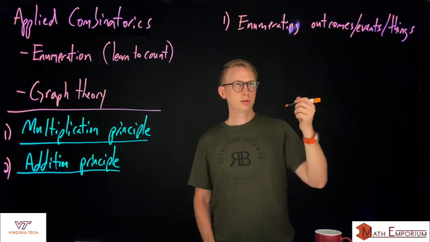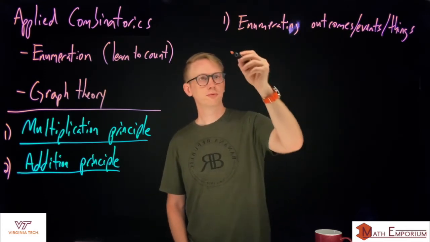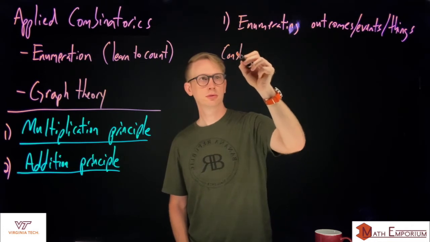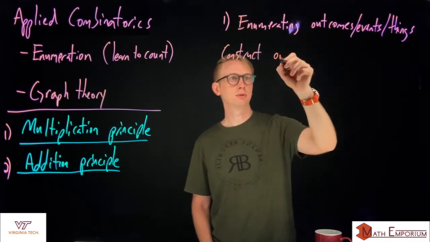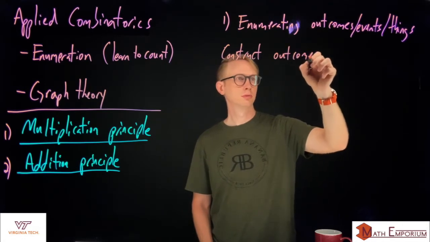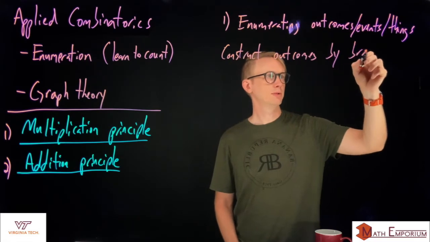All right, so the multiplication principle says if you first of all construct, I'll just pick one of these words, so I'm going to construct outcomes by breaking into steps.